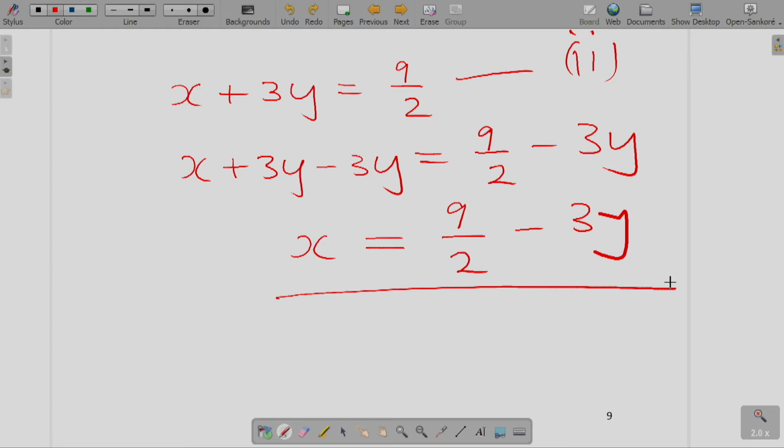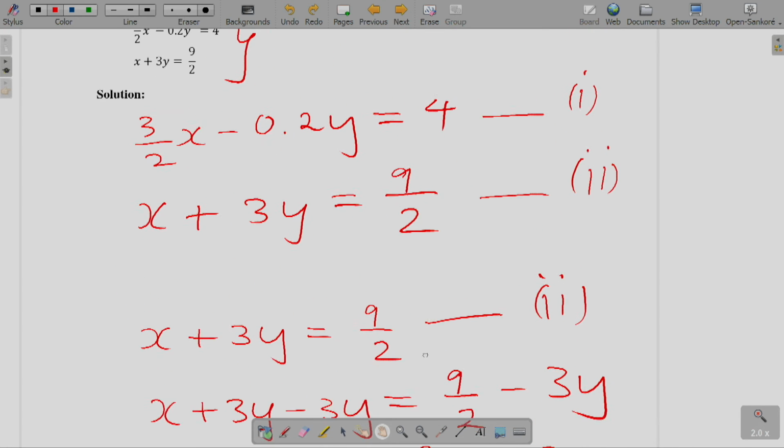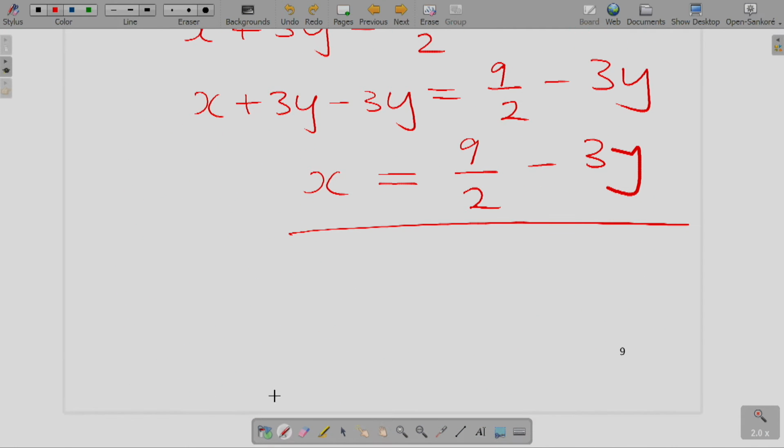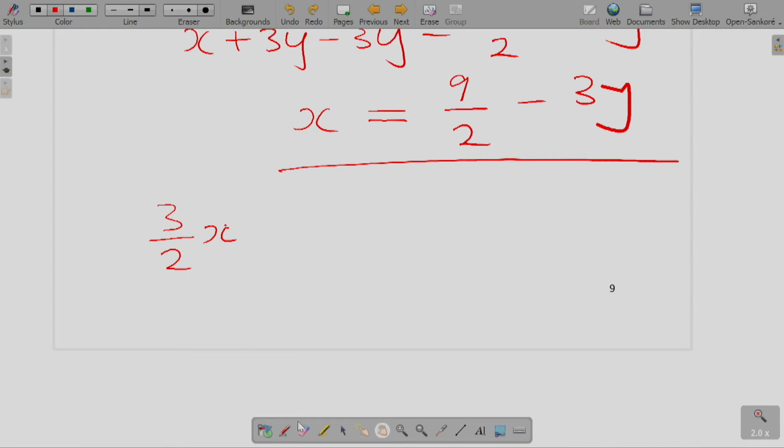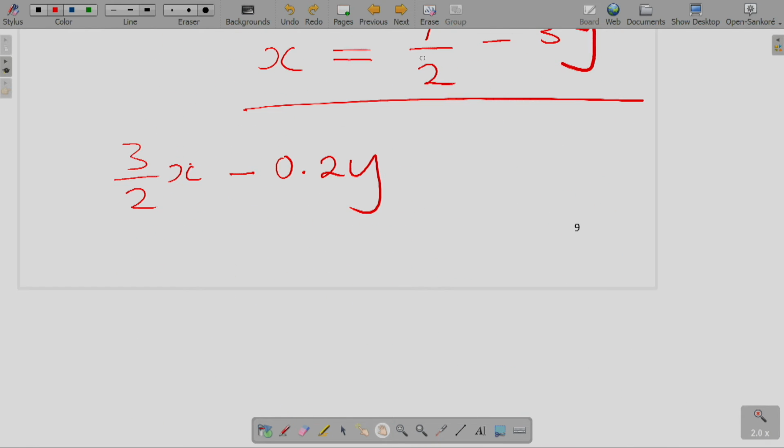So now let's substitute this x into equation number 1. Equation number 1 is this one: 3 over 2x minus 0.2y equal to 4.